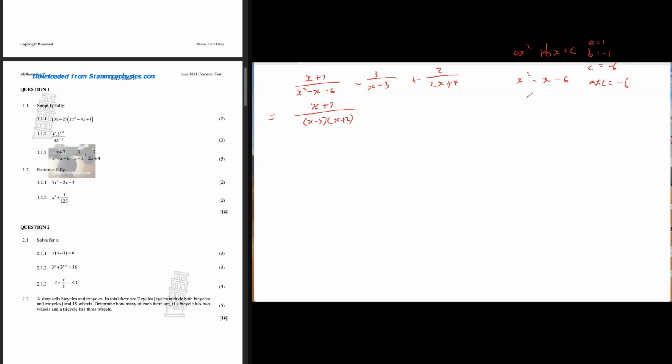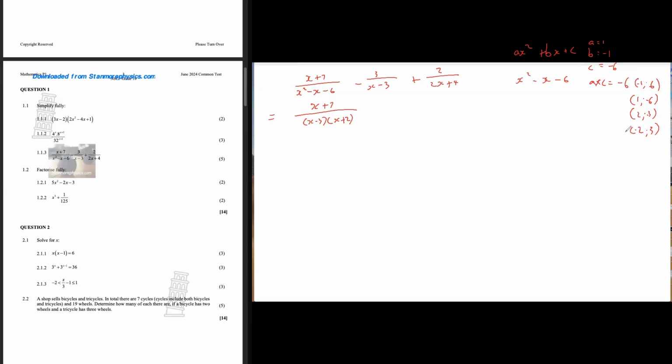Again, if you don't understand this and you want to see this in more detail, please watch our factorization video and it'll clear up everything for you. So we find the factors of -6, and then we know that is 1 and 6. So we could have the negative there, or it could be 1 and -6, or it could be 2 and -3, or it could be -2 and +3.